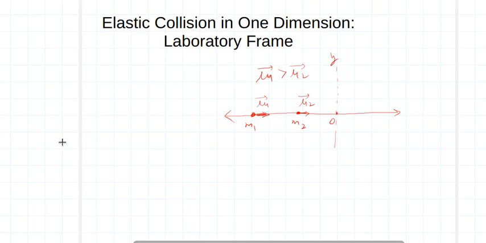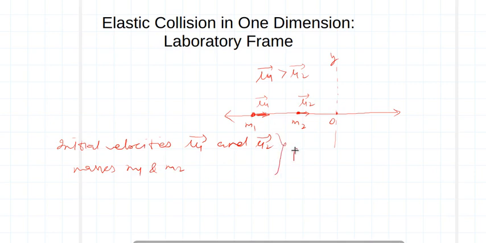So the initial velocities are u1 and u2, and their masses are m1 and m2, and this is before collision.